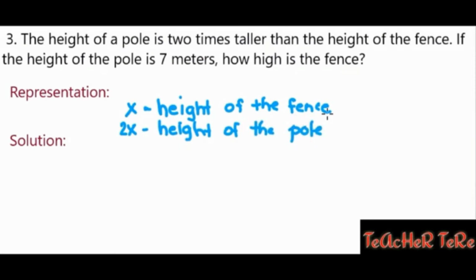There. For the solution, if the height of the pole is 7 meters, that will be our equation. The height of the pole, which is 2x, is 7 meters. Let's simply solve for x, the height of the fence. We will divide this equation by 2. So x is equal to 7 divided by 2, which is equal to 3.5.